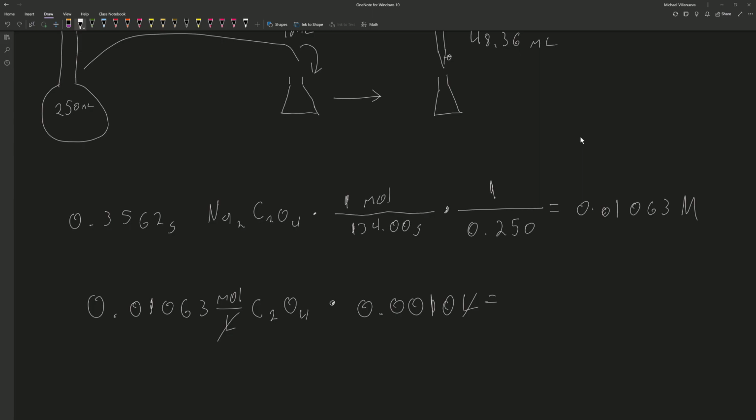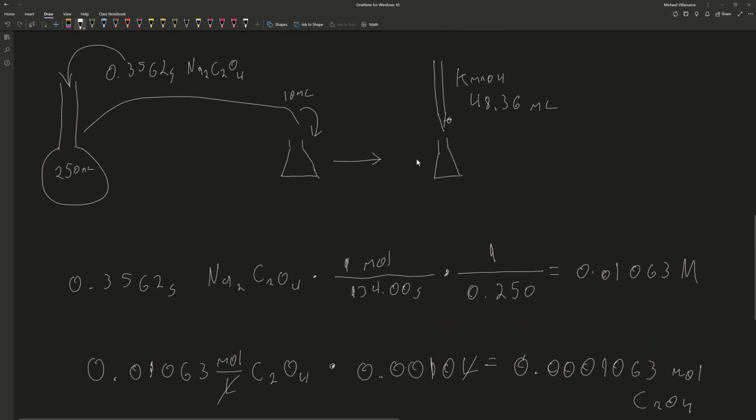So this will give us 0.000106. Essentially, it's just adding a few zeros. So at this point, we have the number of moles of C2O4 that exist inside this Erlenmeyer flask that we are about to titrate.